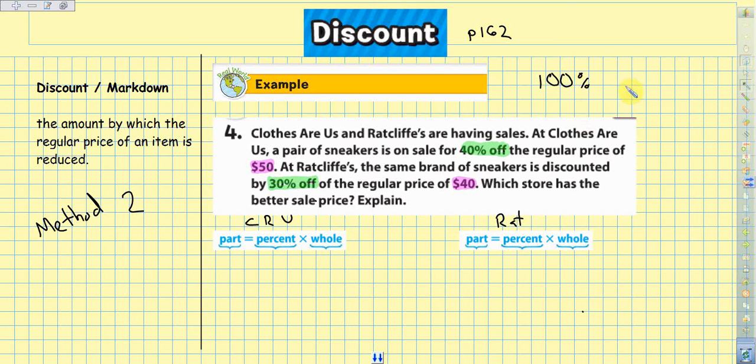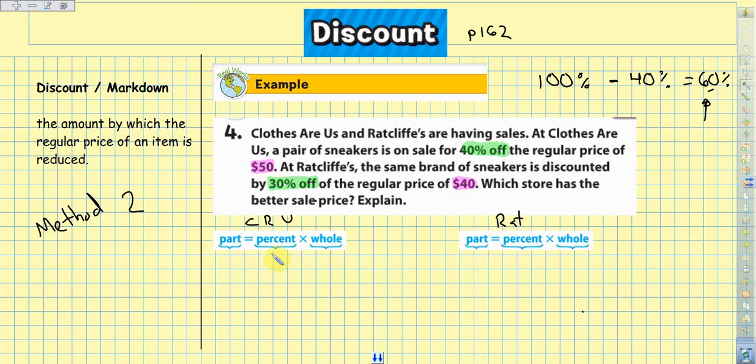And if it's 40% off of the 100% of 50, if I subtract 40%, it's going to give me 60%. That's the number I'm going to look at. So it's a little bit different way of going about this. So instead of finding the percent and then subtracting, what I'm doing is I'm subtracting the percent from 100 and then multiplying that percent of that number to find out.